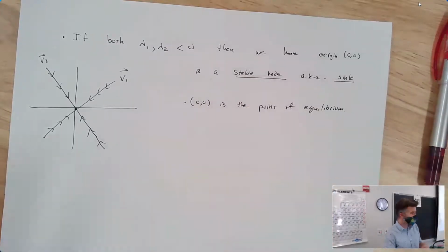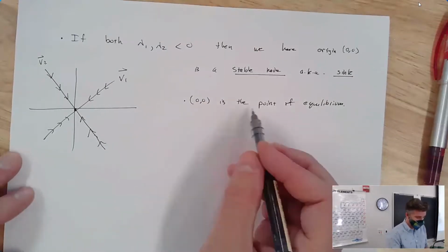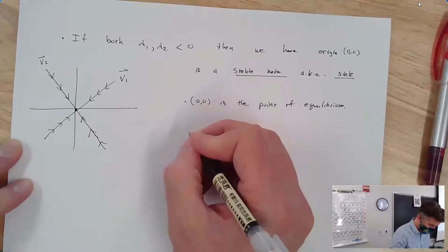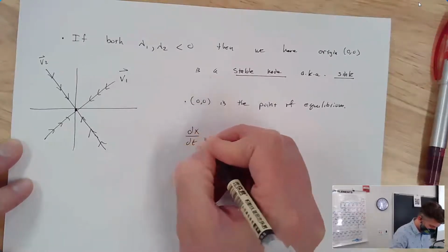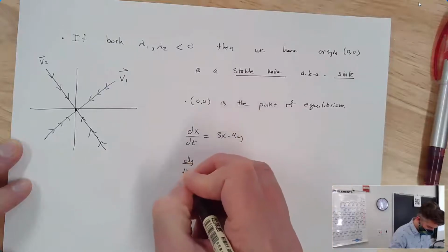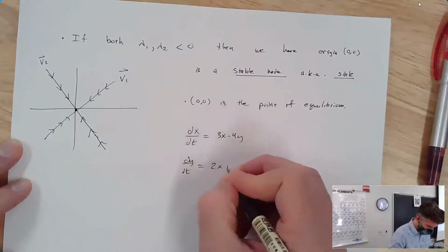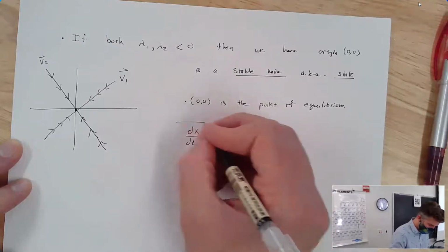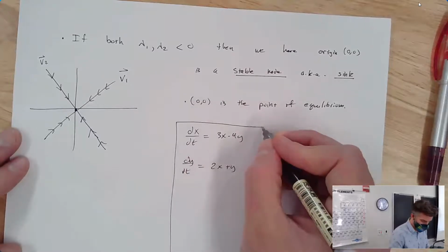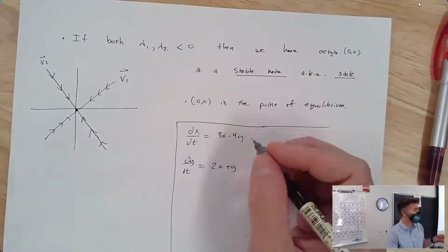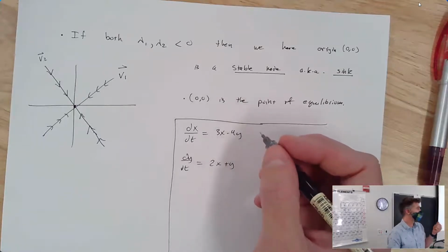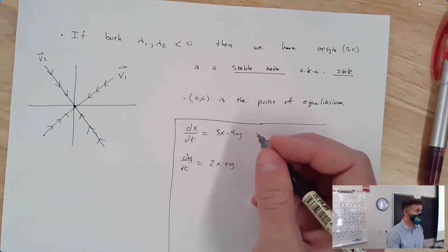Let me remind you, just so everyone is super clear on this, the reason that's true is because if you're writing a different set of equations, like dx/dt equal to 3x minus 4y, dy/dt equal to 2x plus y, if this is your system, I don't know if these actually give you negative eigenvalues, I just made it up. But the whole point is that if you're trying to find where you have equilibrium, you're trying to find where there is no change.